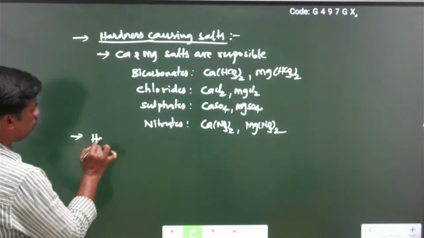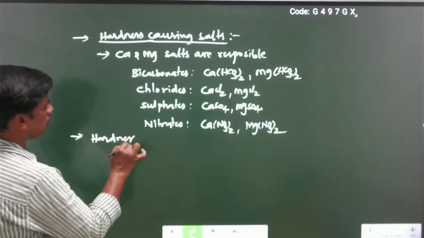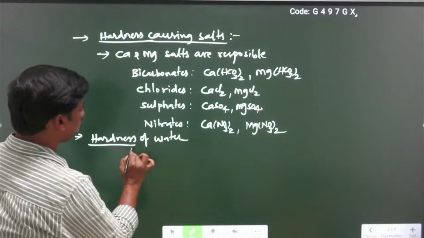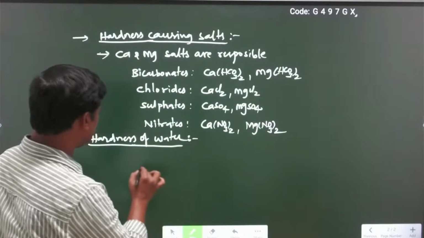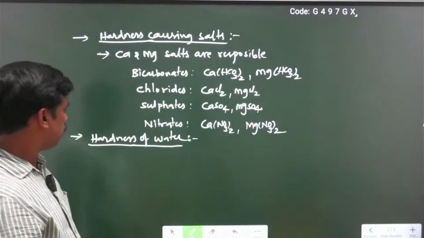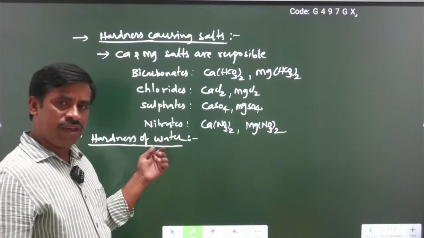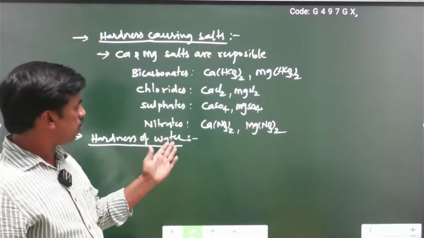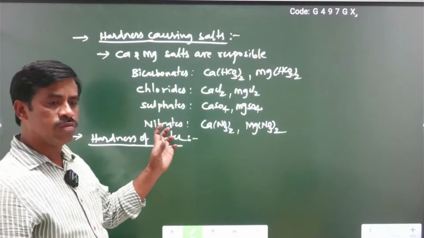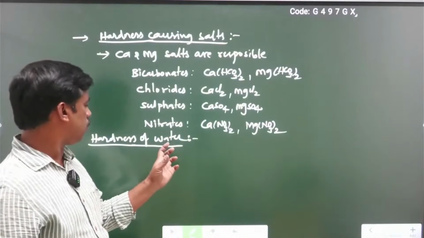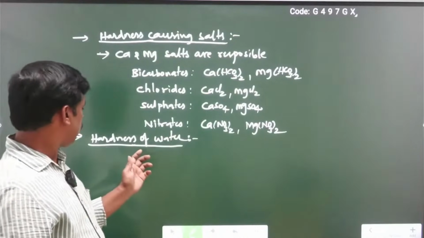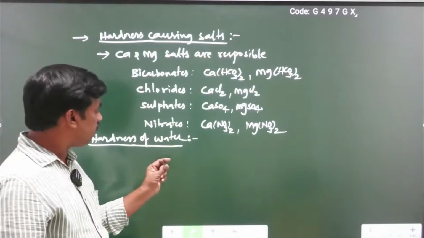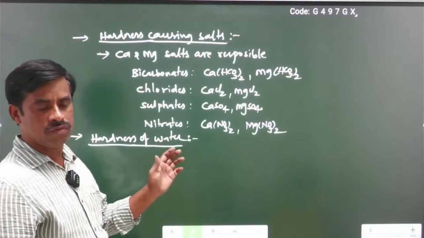Before going to the types of hardness of water, I am giving the definition of hardness of water. Previously I gave the definition of hard water: the water which does not give lather with soap.